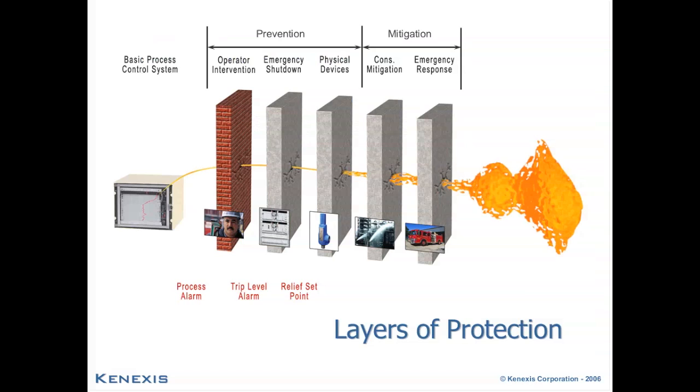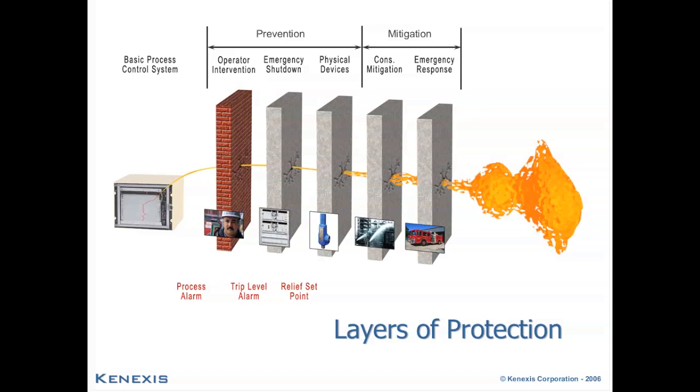The method for determining the proper SIL is based on a layer of protection analysis where the preventative as well as mitigative hazards or safeguards are evaluated and assessed, whether the safety instrumented system by itself can mitigate the level of risk to a tolerable level, whether process alarms with operator response are required, whether physical devices like relief valves are required to protect in combination with the safety system to achieve that tolerable level of risk.